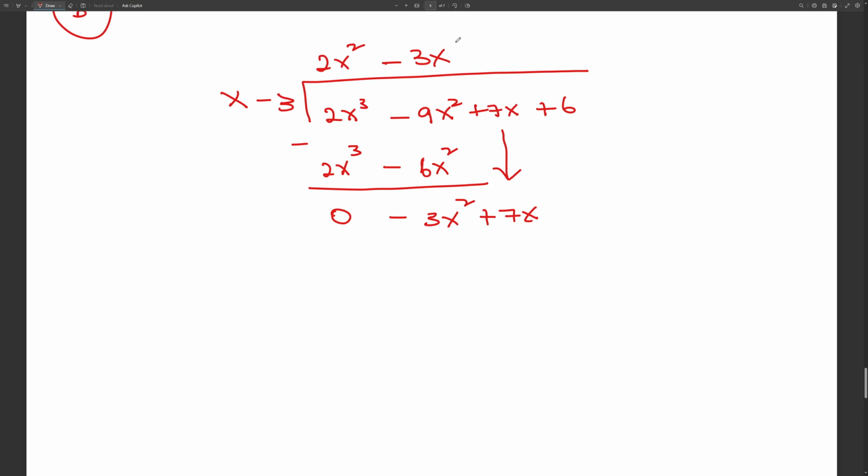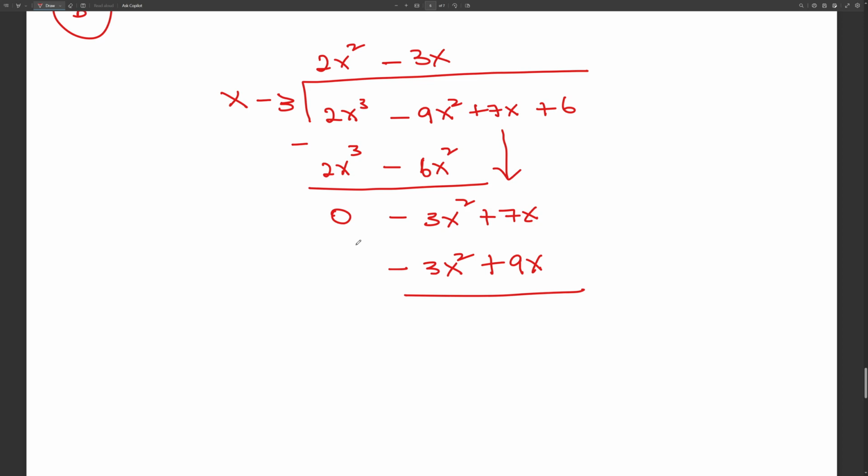Now take my negative 3x and multiply it by this x to verify. So negative 3x by x is negative 3x squared. And negative 3x multiplied by negative 3 will give me positive 9x, because a negative sign by a negative sign gives me a positive.